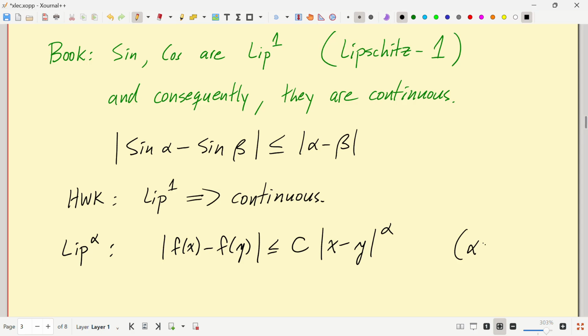And alpha should be positive. Lip 1 is where the alpha is 1. Normally there could be a c in the definition of Lip 1, but in this particular one, the c is equal to 1.